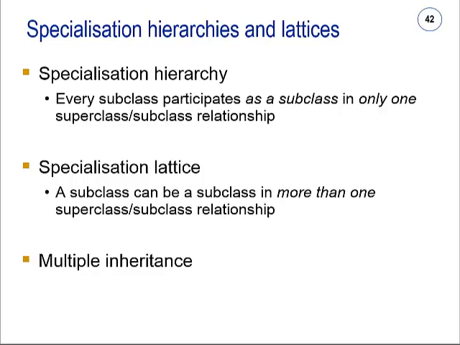In other words, a subclass has at most one superclass. In a specialization lattice, a subclass can be a subclass in more than one superclass-subclass relationship. In other words, a subclass can have more than one superclass. In this case, you can have multiple inheritance, and we're going to illustrate this in what follows.